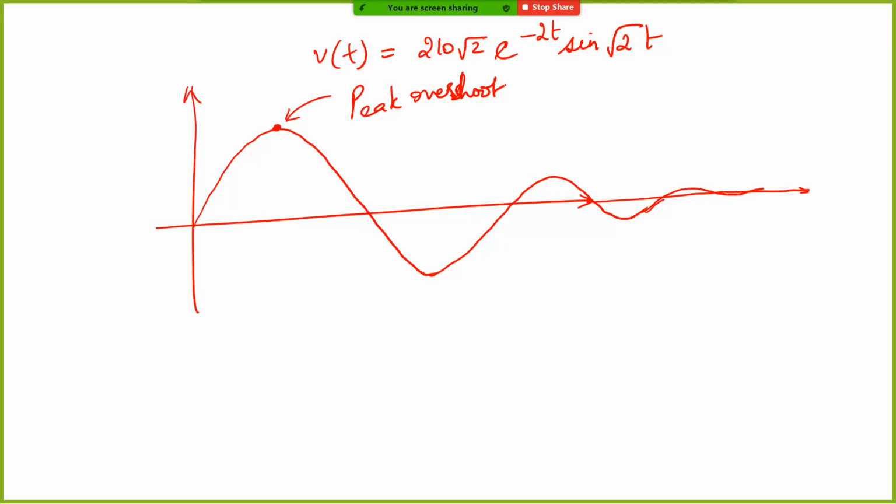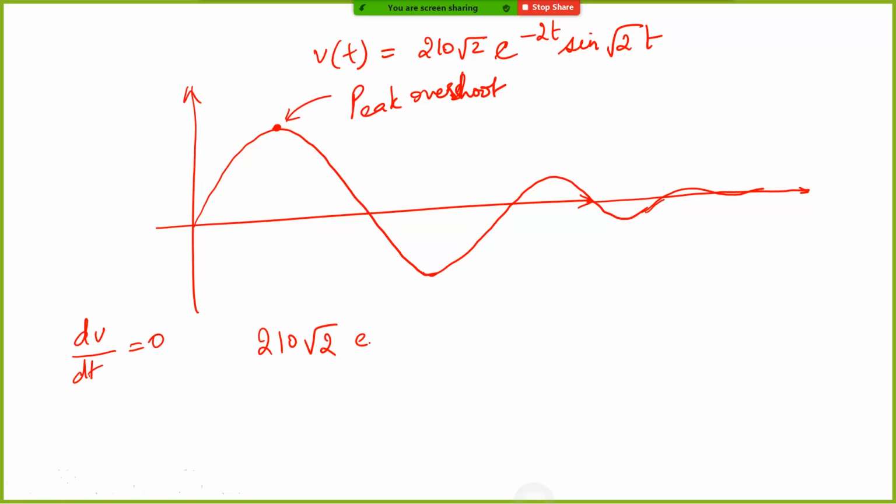You differentiate e raised to minus 2t sine root 2t and set it equal to 0. Correct. So you set dv by dt to 0. Can you differentiate this? It is a UV form.